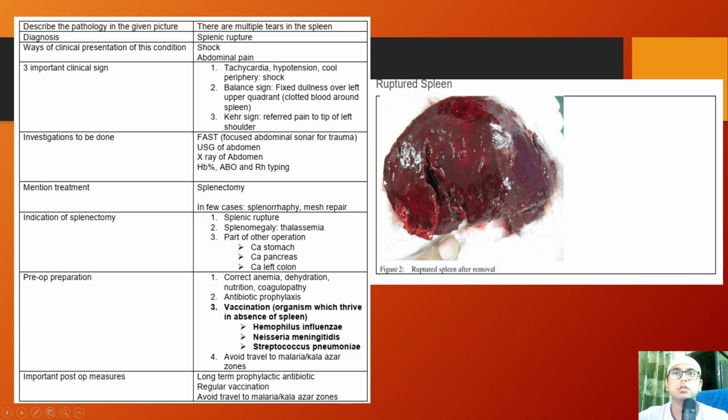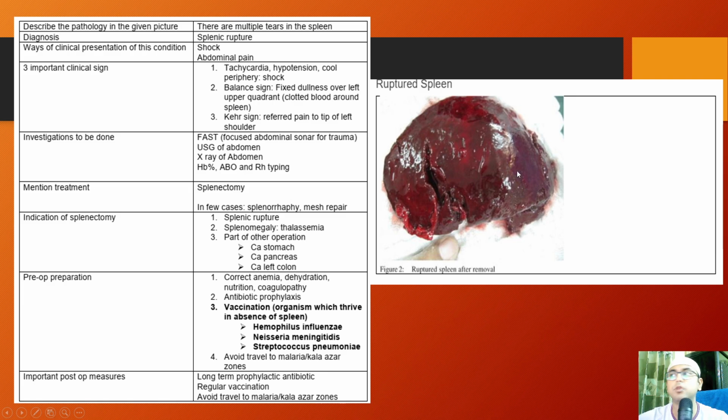Okay, so the first investigation should be a scan. First scan, this is immediate FAST, focused assessment with sonography for trauma, and USG abdomen, X-ray abdomen. Here, CT? Why not CT? Because CT needs some time to perform. It is costly and not available in every hospital. In that case, ultrasonography is the only choice.